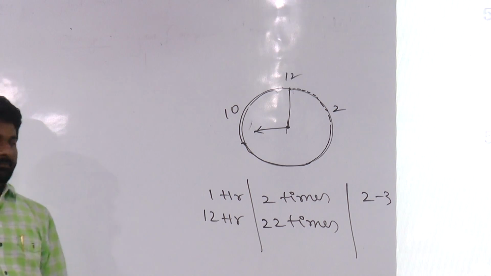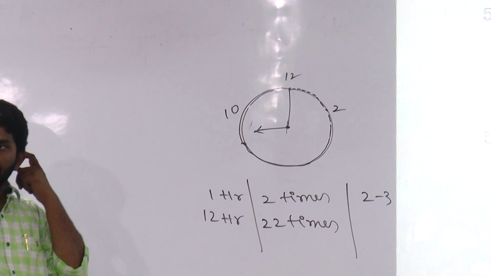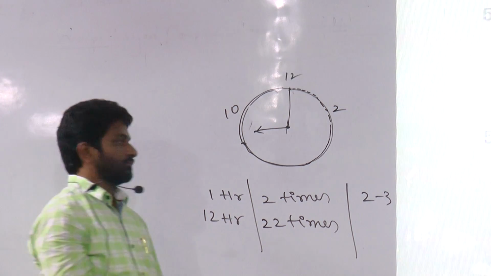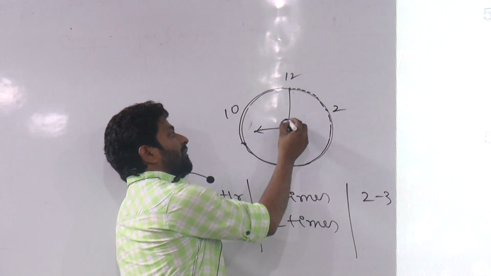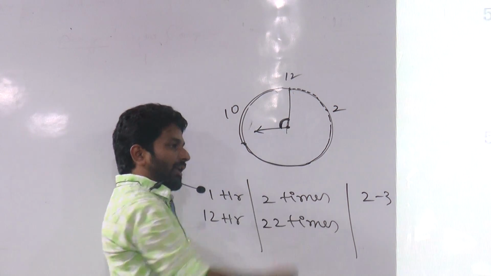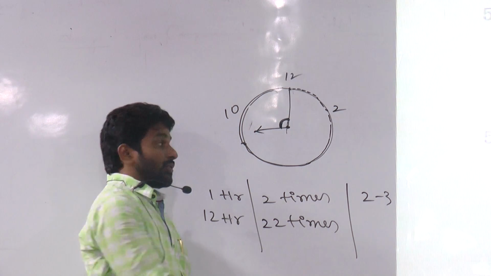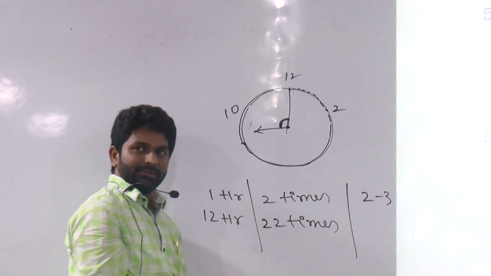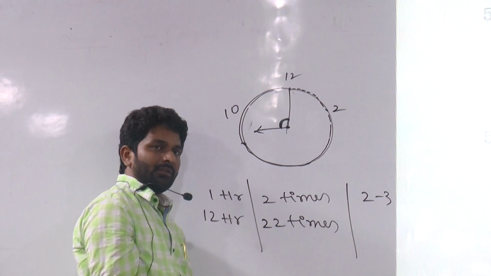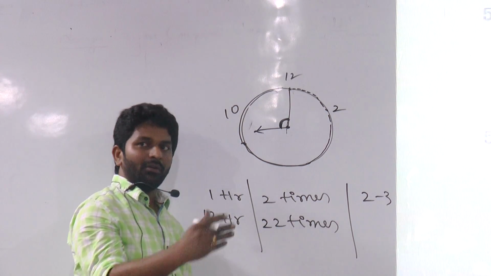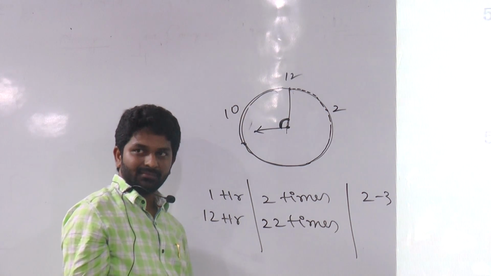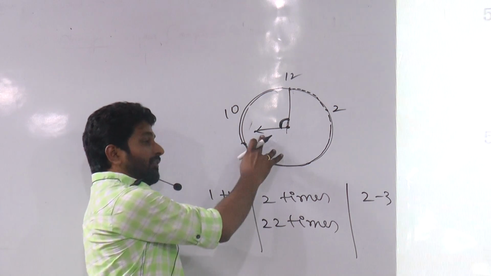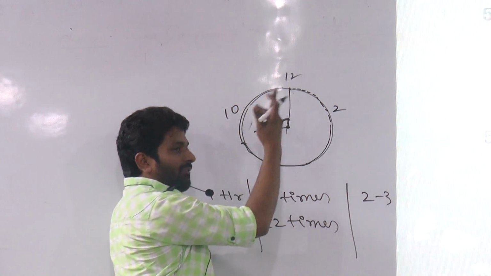Now this is 9 o'clock. At 9 o'clock, it will form a right angle. So in which period do you have to count it, 8 to 9 or 9 to 10? Wherever you count, the other side will be 1 missing. If you count between 8 to 9, 9 to 10 will be 1 time missing.